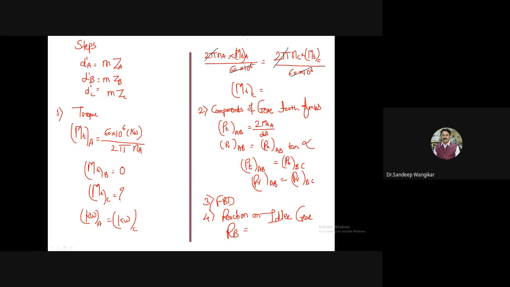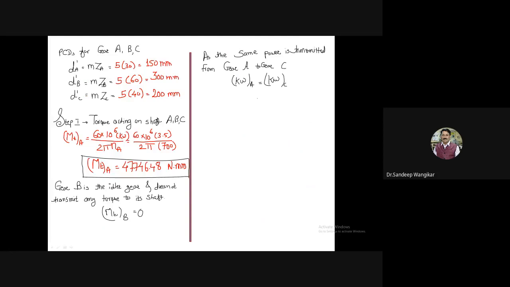This is nothing but what I have written in the steps. Kilowatt for A is equal to kilowatt for C. So what will it become? NA MTA is equal to NC MTC. I will write the same without repetition, and proceed as we have written in the steps.